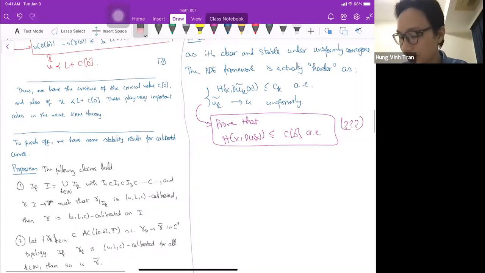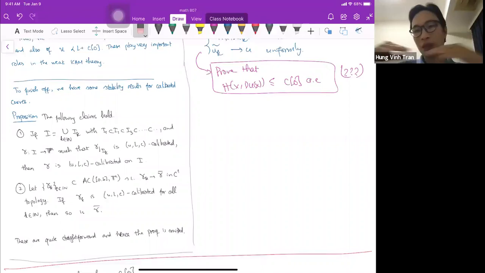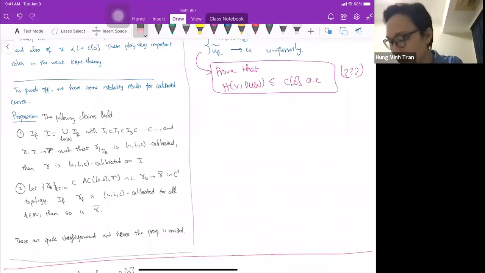Okay. So there's another proposition on the Lagrangian side here that I'm skipping. It's just standard from the definition, saying that if gamma is calibrated on a set of nested intervals, then it's going to be calibrated on the union of those, which is the biggest interval, and also that a calibrated curve is stable under C1 convergence.